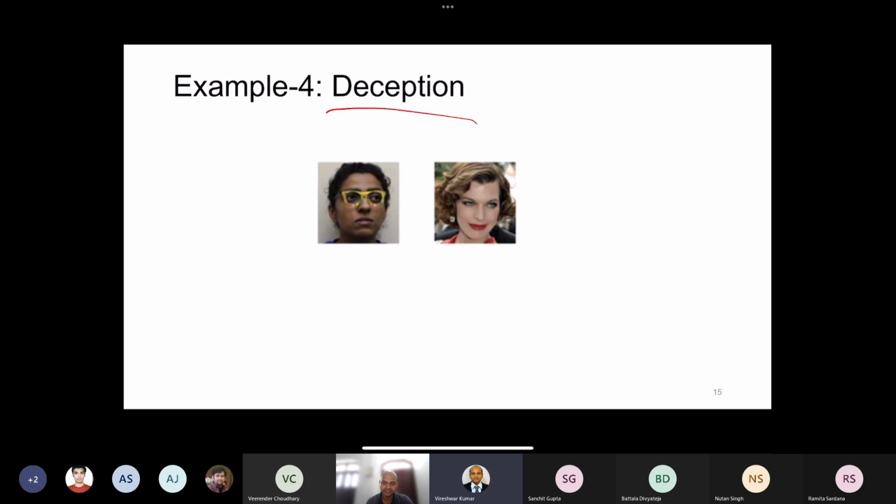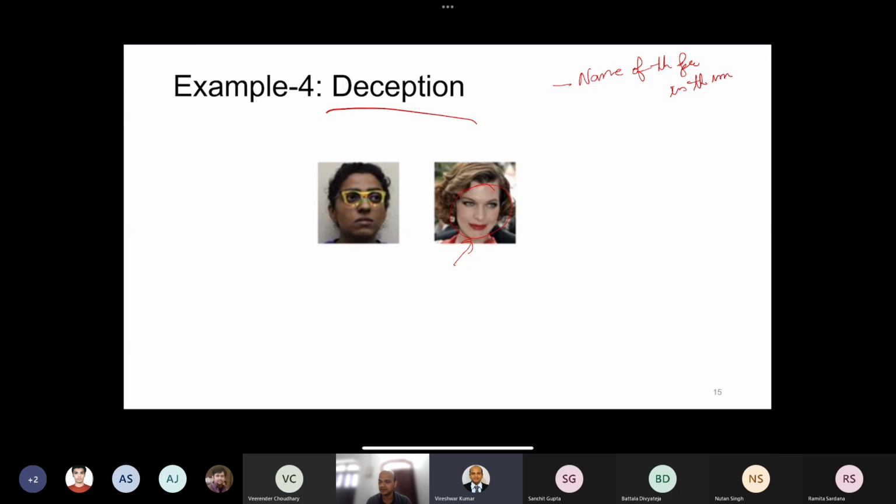But she wore some glasses, then uploaded her image on Facebook, and Facebook identified her as someone else. The algorithm that is running is trying to identify the name of the person who is in the image.